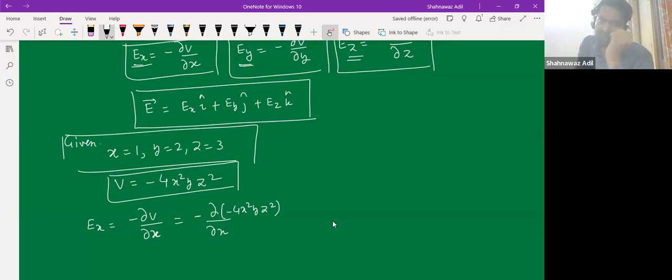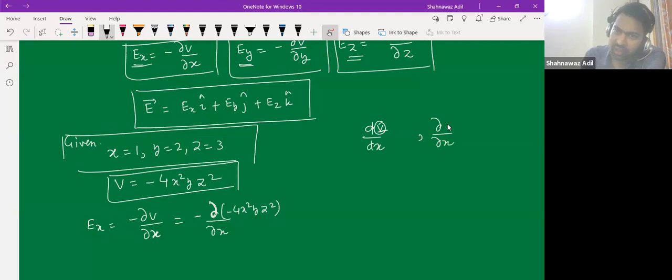We have done this differentiation part. X is the variable. All the rest are constants because I'm taking the partial differentiation. If I do partial differentiation, then only x is variable, and I can treat all the rest as constant.